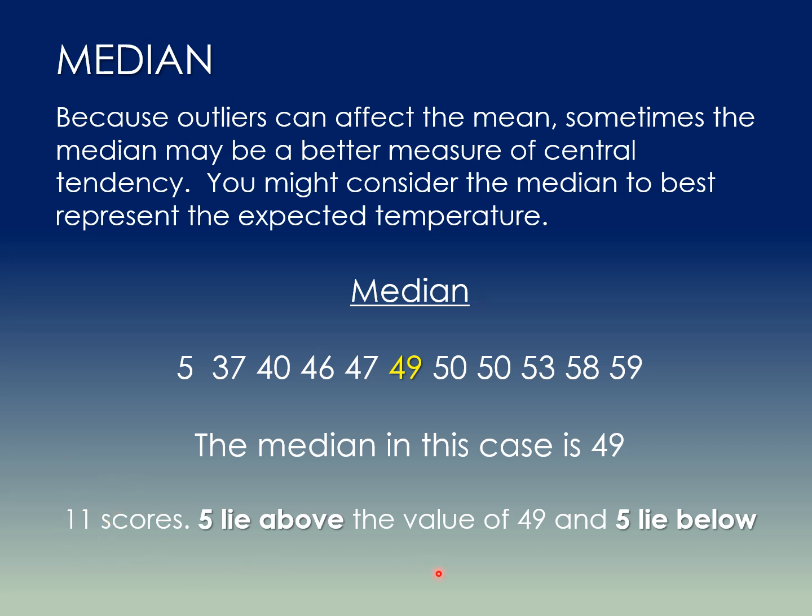And so to find the median value, what I do is I take the total number of 11 and I find 50% of the values that fall below that central value and 50% of the values that fall above it. So if there's 11 scores, I've got 10 scores left over. That means 5 scores fall below it and 5 scores fall above the central one. And so my median in this case is going to be 49. That's what the median is going to be.